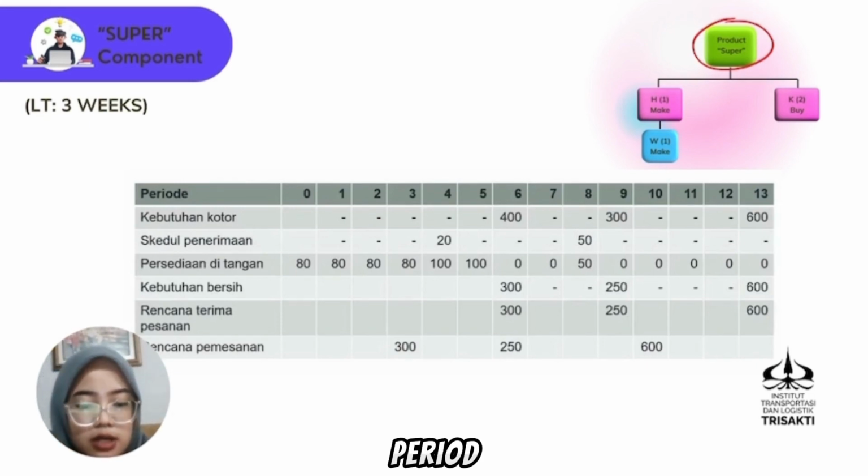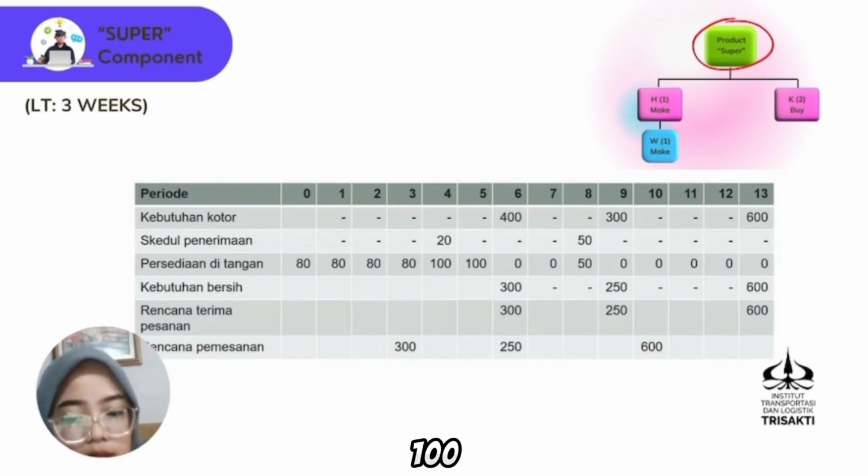In the sixth period, we have a gross requirement of 400, but we only have an inventory of 100. Then the remaining 300 goes into net requirement and order receipt, because we use the lot-for-lot method, where however much is needed, that much will also be ordered.